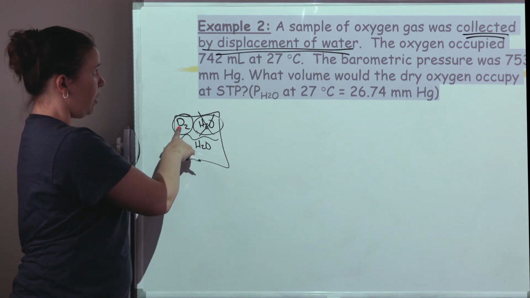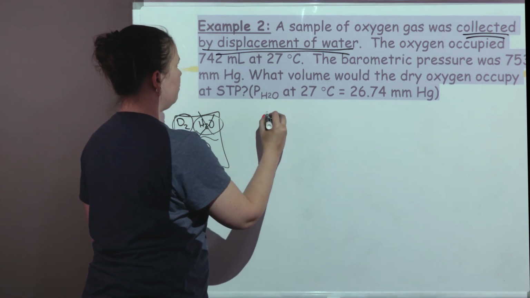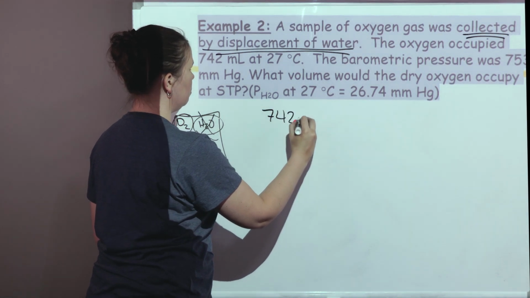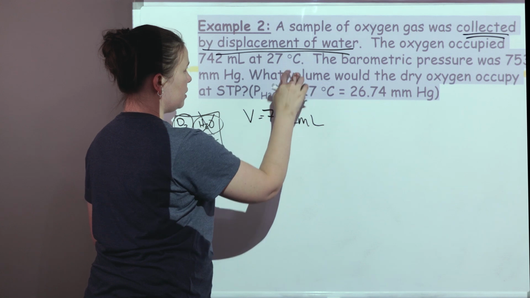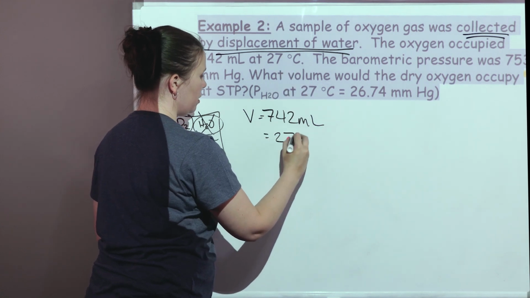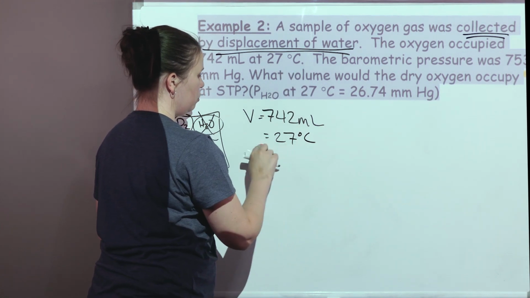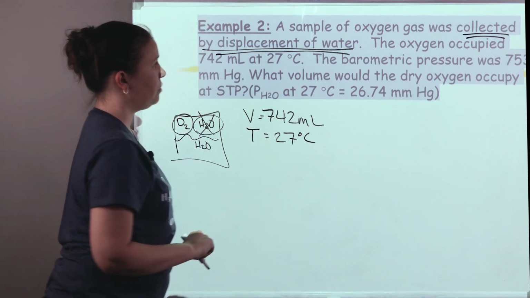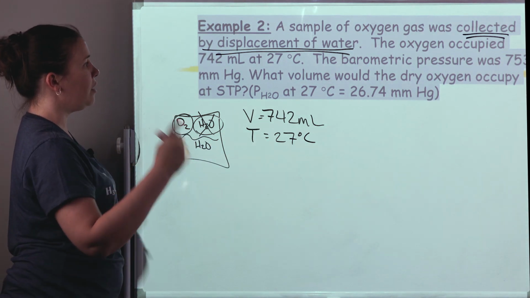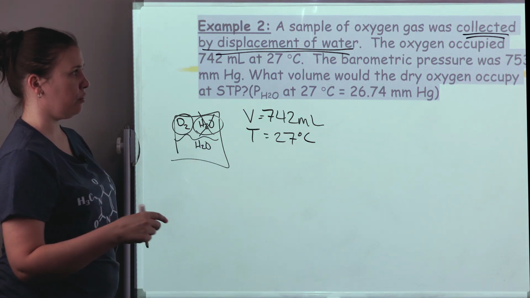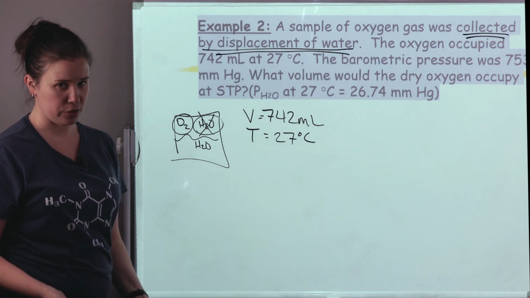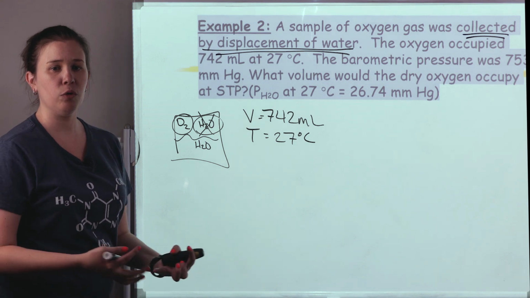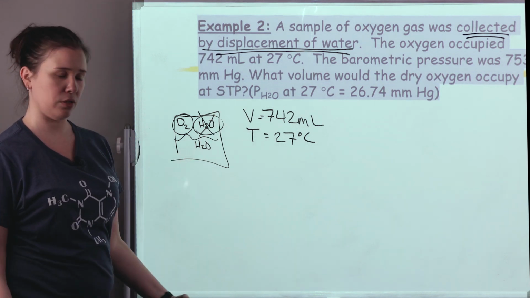So it tells me about that oxygen that I have 742 milliliters, which would be my volume. It tells me the temperature is 27 degrees Celsius. And then it tells me the barometric pressure was 753. Barometric pressure, or atmospheric pressure, basically the same thing, would be the total outside pressure.